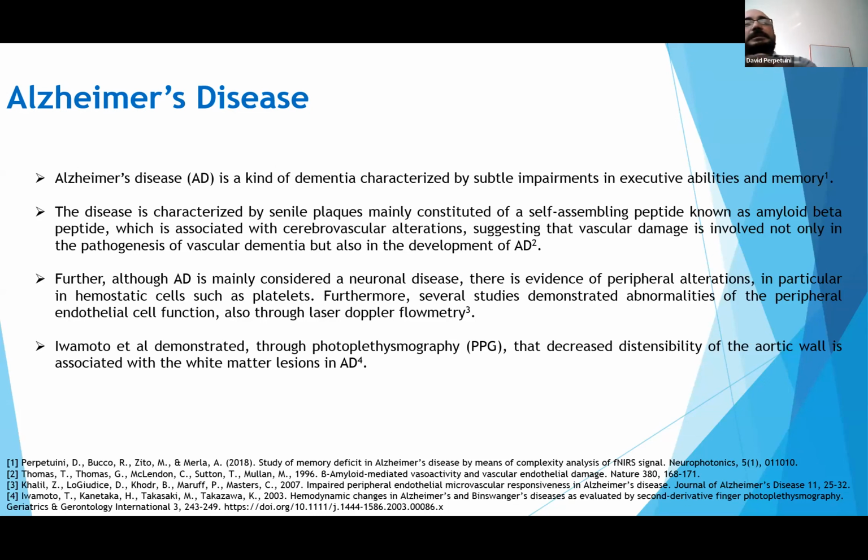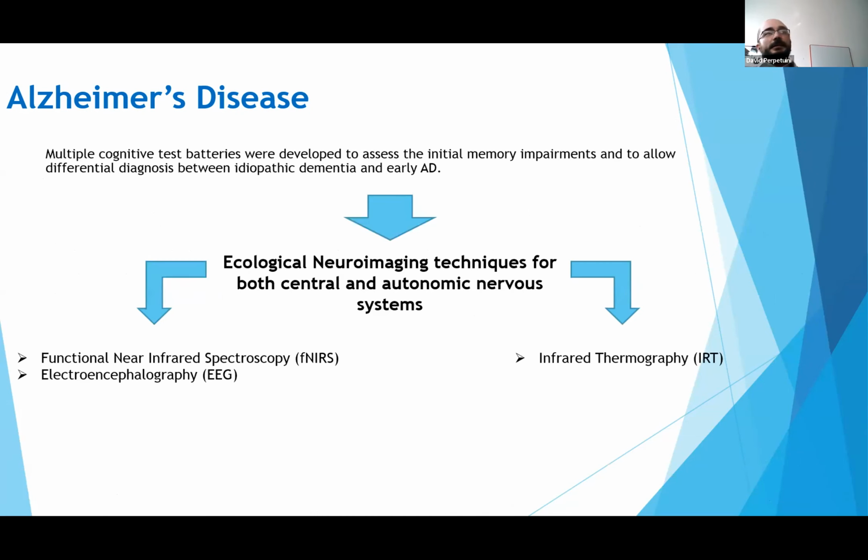So, actually, there is no biological marker indicative of and selective for the differential diagnosis of Alzheimer's disease. For this reason, some cognitive tests were developed to assess these initial memory failures for the AD diagnosis.